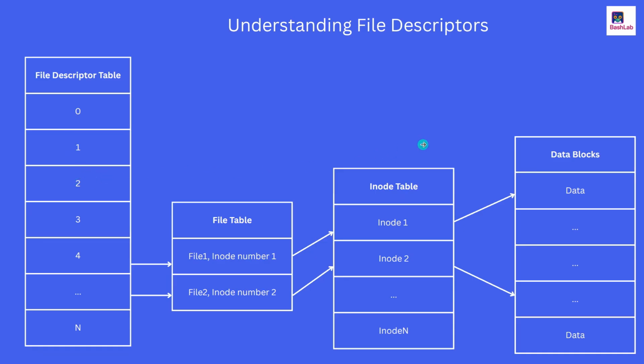Under the hood, those FDs point to entries in a system-wide file table, which hold things like file offset and open mode. Each entry then points to an inode, the file's metadata in the file system, and that inode points to actual data blocks on disk. So when a process reads or writes, it's really following this chain: file descriptor, file table, inode and data blocks. And that's how Linux knows exactly which file or device you are talking to.